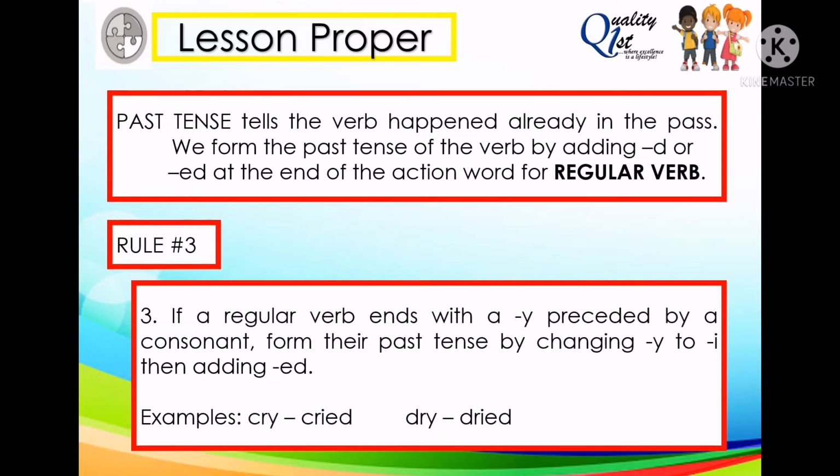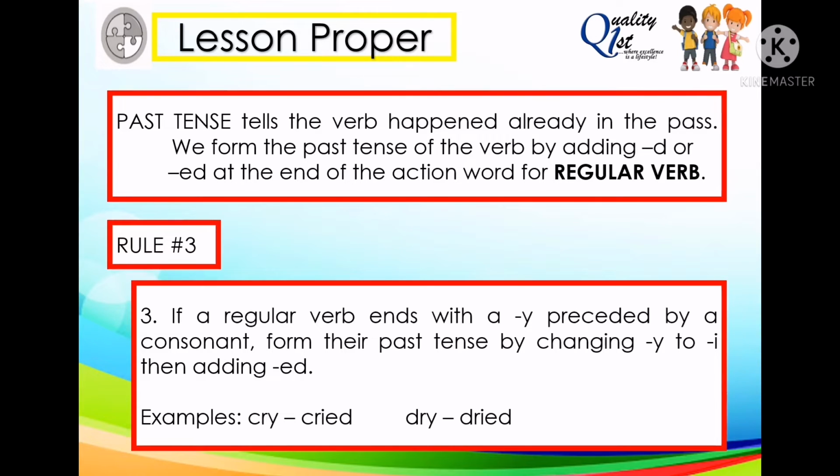Okay, now let's have the examples. The verb is cry. It ends with the letter Y, and it is preceded by a consonant which is letter R. Therefore, change Y to I and add ed. Cry will become cried. Okay?